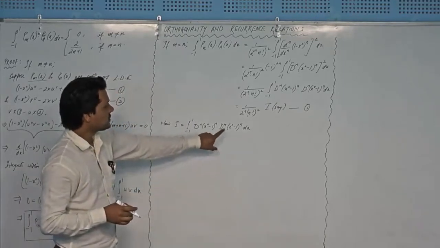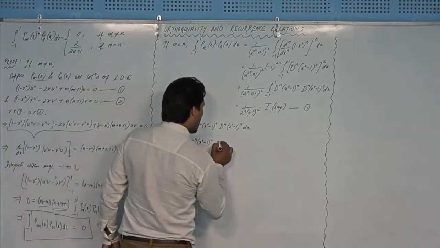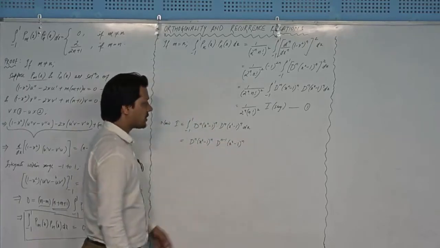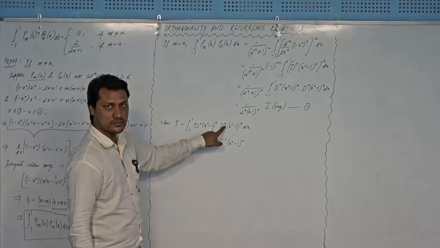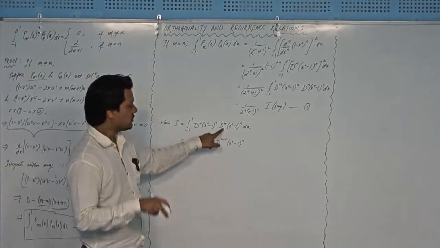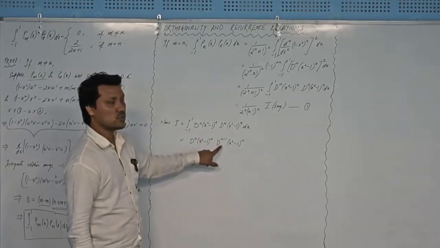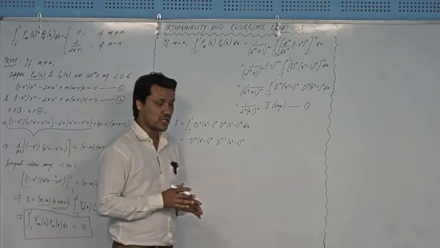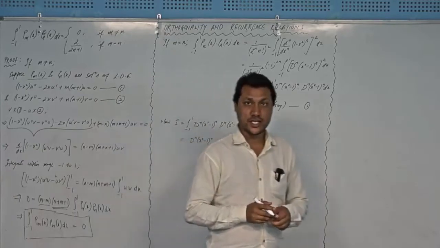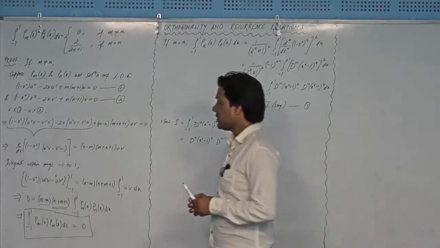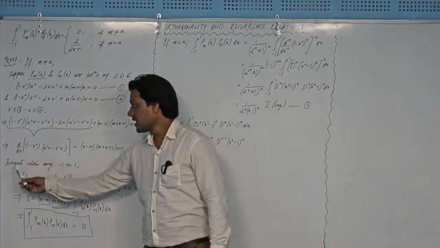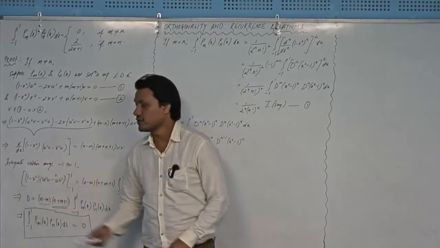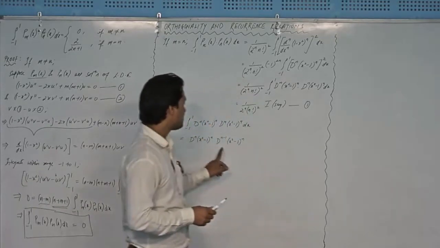So if you integrate this, you will get d^(n-1) (x^2 - 1)^n, right, because we are already having the nth derivative, and when you integrate it once, you will get the (n-1)th derivative. One derivative will be cancelled, because integration and differentiation are inverse operators. They cancel each other, like at this point we had a derivative, and when we integrated, that d by dx was cancelled with the integration symbol, right. Same thing is happening here.